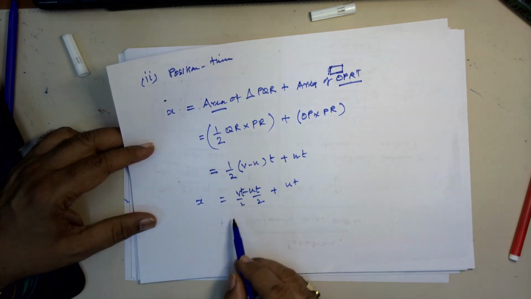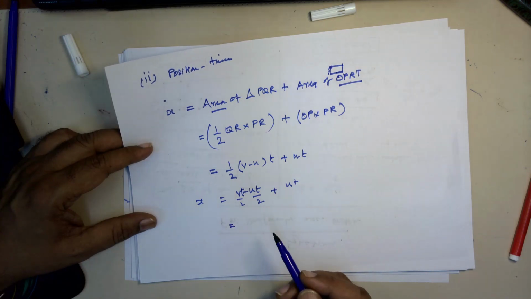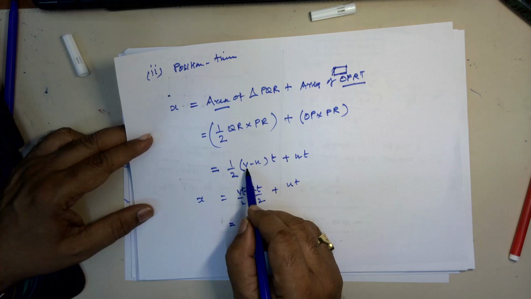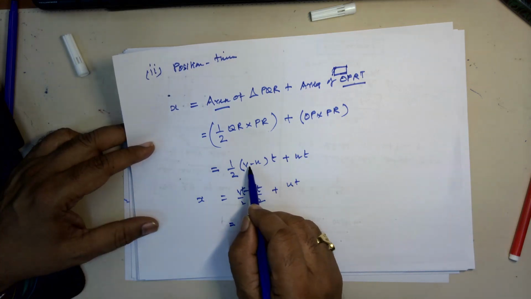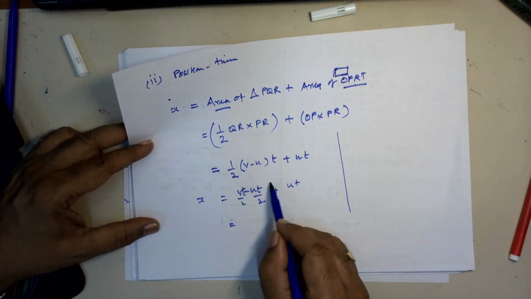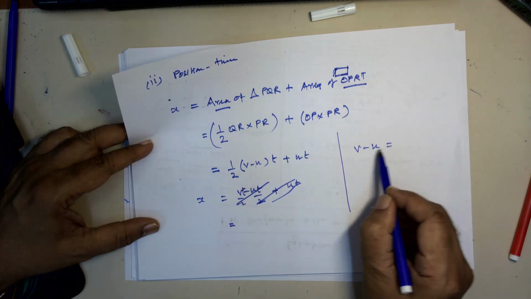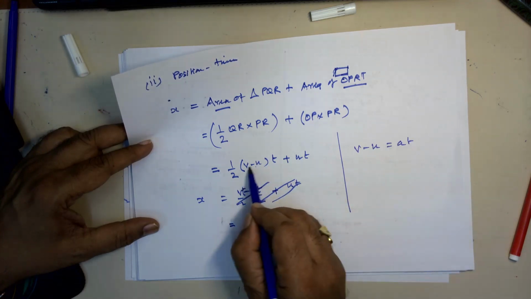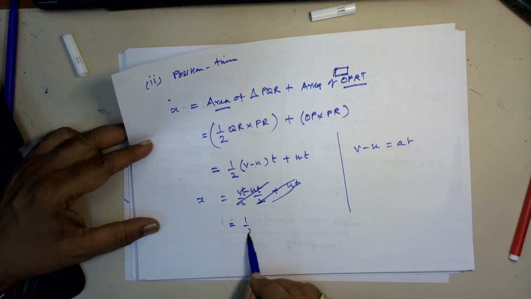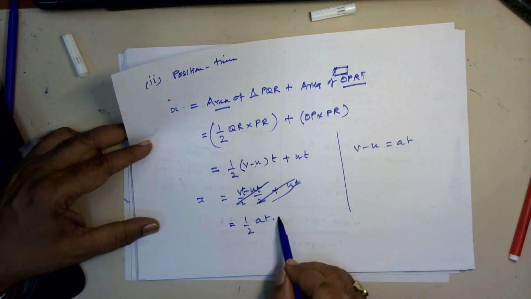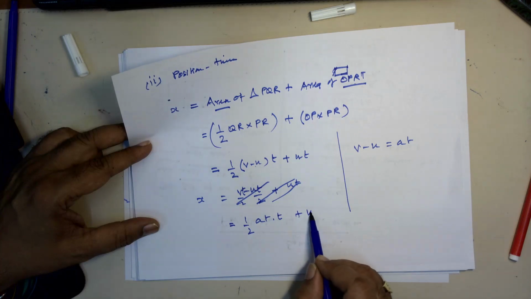Okay. So what is V minus U? We already know you can replace V minus U by AT. So we can replace this by AT simply, into this T, and plus Ut.